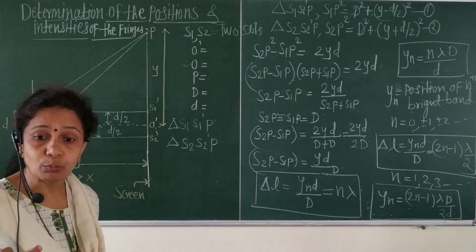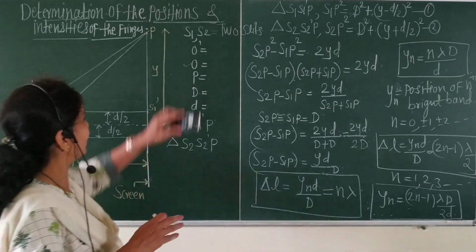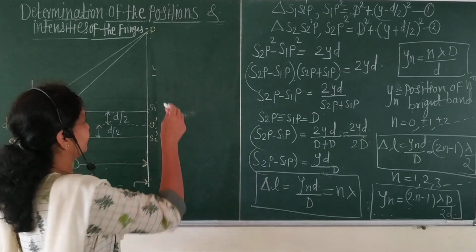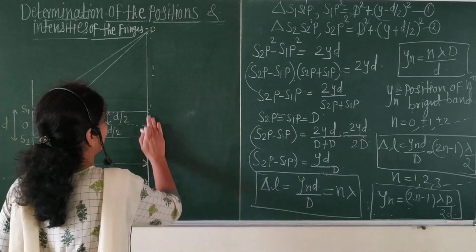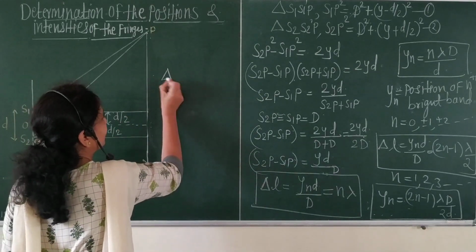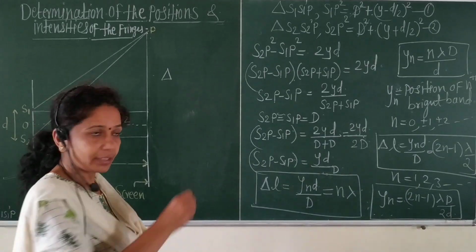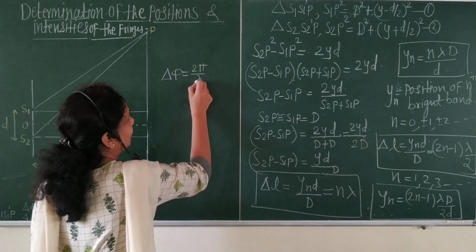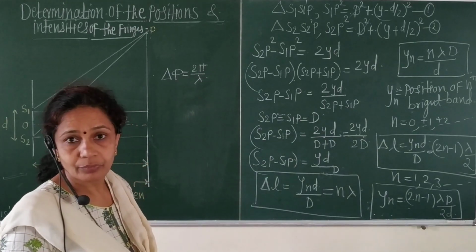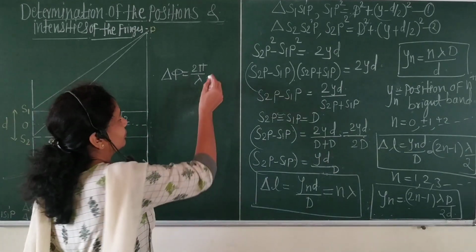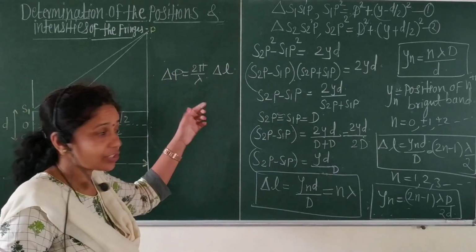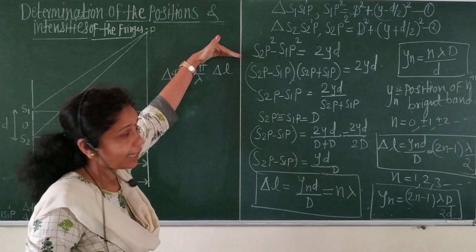Now let us see the relation between the path difference and the phase difference: del phi is equal to 2 pi upon lambda into del L. This is the relation between phase difference and path difference.